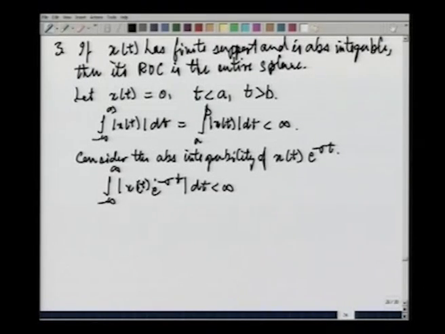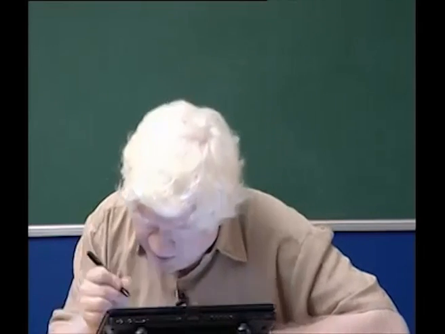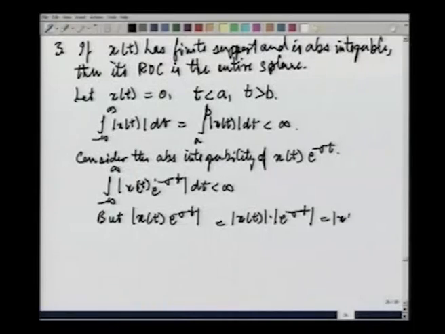But mod of x(t) e to the minus sigma t equals mod x(t) times mod e to the minus sigma t. The second factor in this product is always non-negative anyway, even without the mod sign, because e to the minus sigma t is always greater than 0. So, this is just equal to mod x(t) e to the minus sigma t.